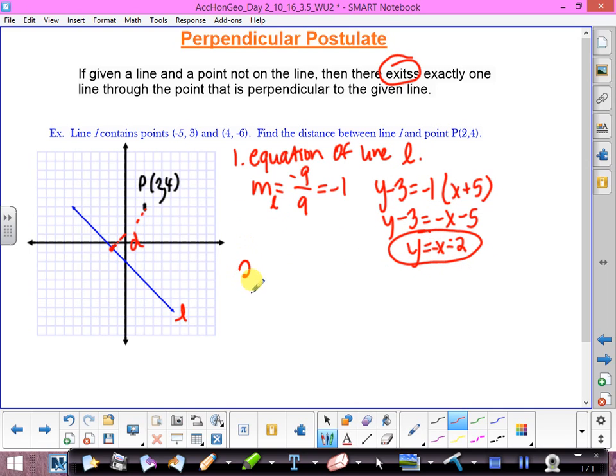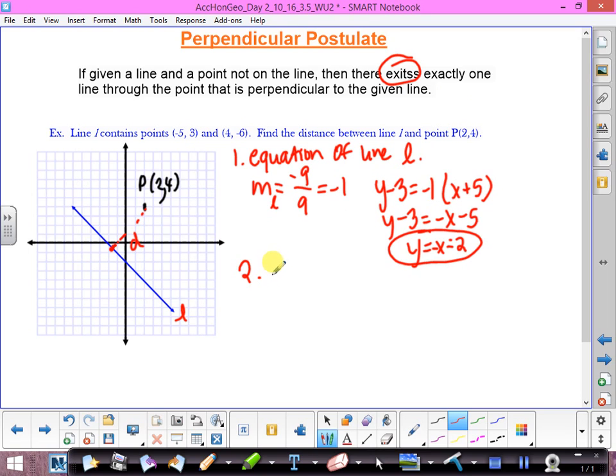Alright, then we need to figure out the equation of the segment perpendicular to L that passes through P. So let's call that line M. Well, let's call it something else since we're already using M for slope.